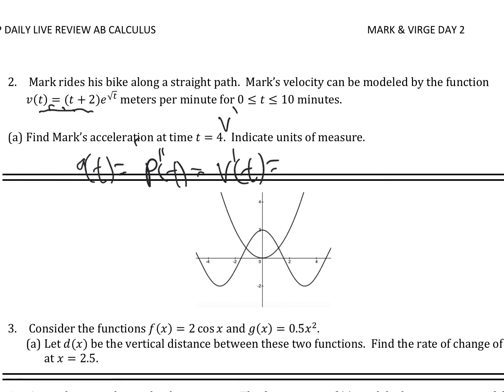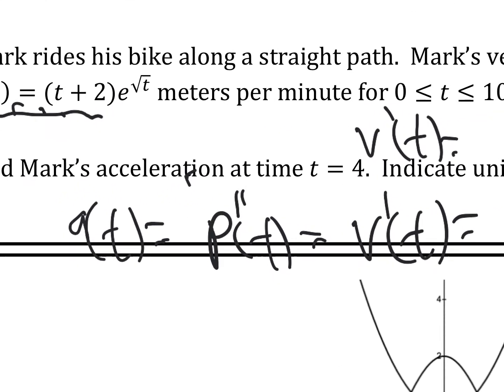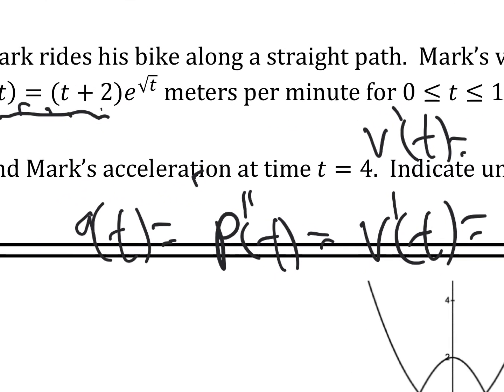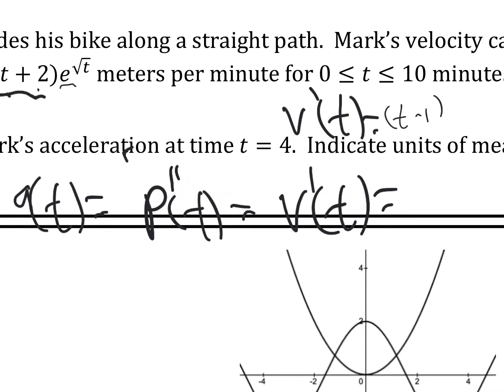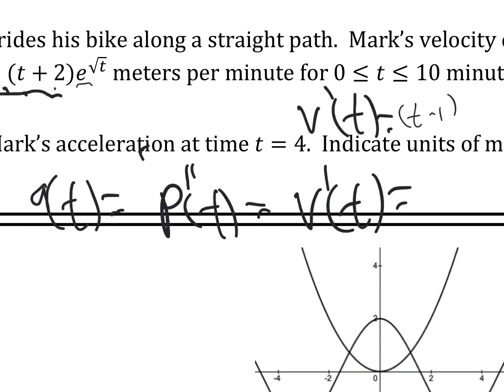So v prime of t would be, this is going to be a case of the product rule. The first, t minus 1, times the derivative of e to the square root of t, which is e to the square root of t times the derivative of the square root of t, e to the u du.